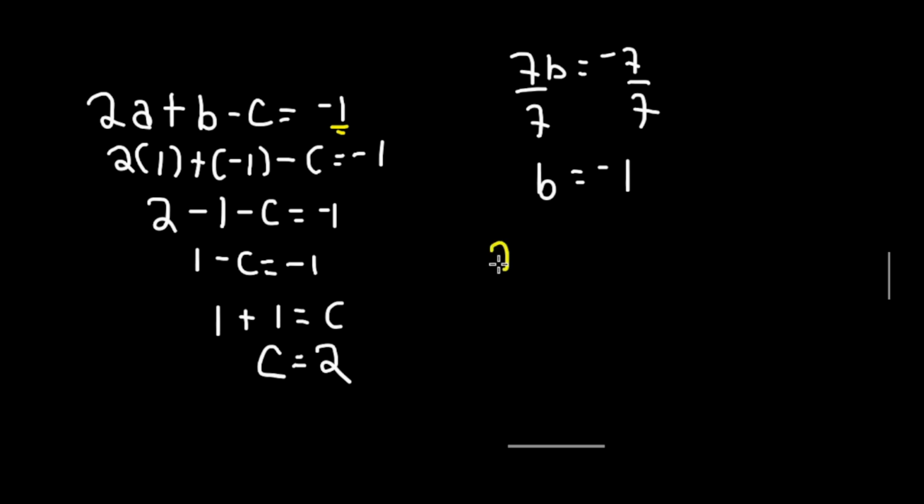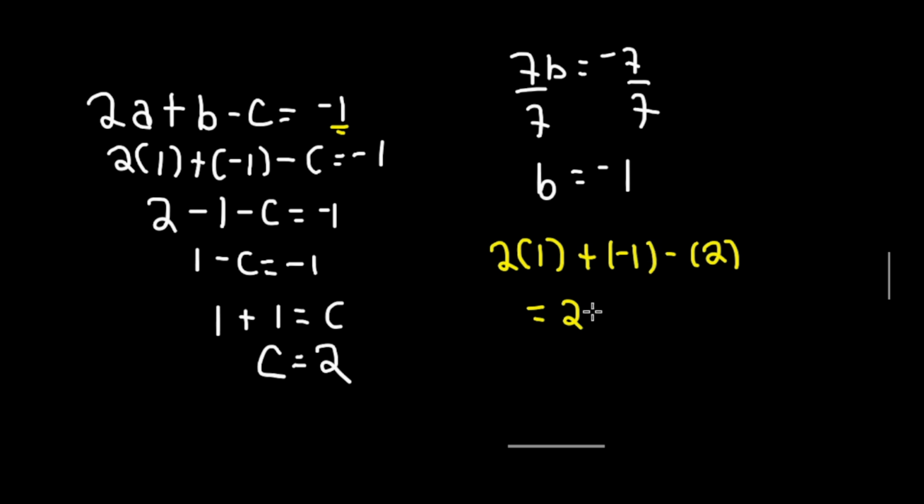So it's going to be 2 multiplying the a which we have found, which is 1, plus our b which we said was -1, and our c which we have just found to be 2, so it will be minus 2. Now let's see what this will equal. 2 multiplying by 1 will obviously be 2.